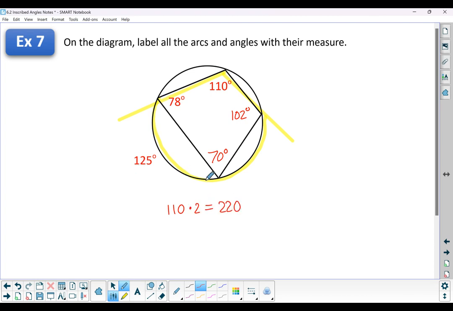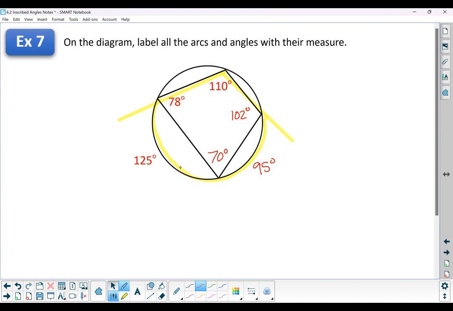But we already know this part of it is 125. So if we subtract 125, we get 95. So this arc is 95. Together, they add up to 220, which is twice the inscribed angle of 110.